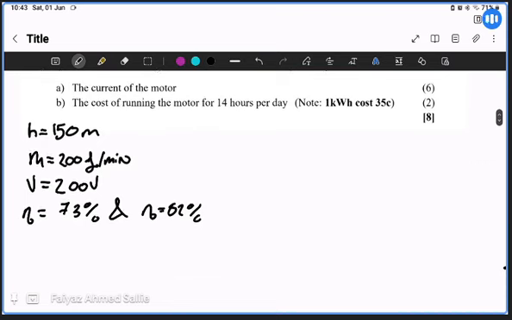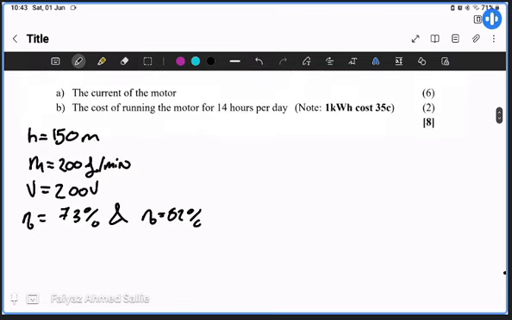So the first question states that we need to find the current of the motor. So first we have to get the overall efficiency, which is going to be the efficiency 1 multiplied by the efficiency of the second one.